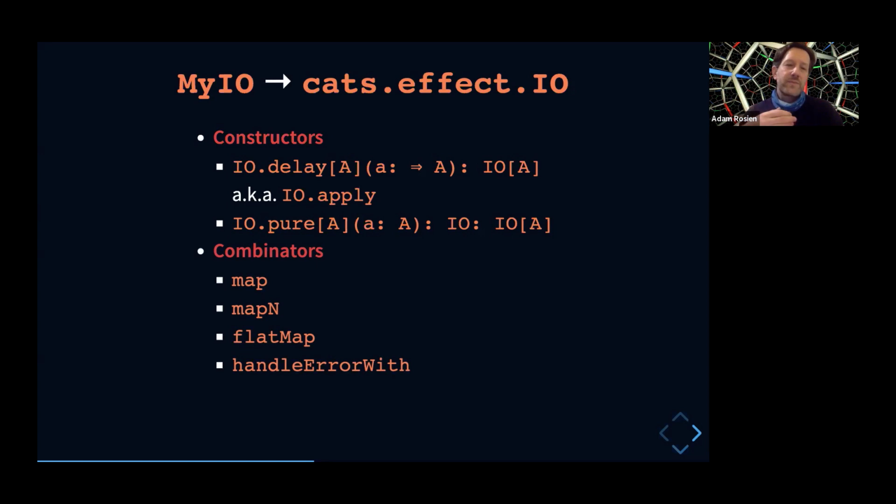You can map, this would be IO of A, give you an A to B, to an IO of B. MapN is the applicative map. That would take multiple IOs and allow you to combine their results into a single IO. FlatMap, or typically you would use it in a for comprehension, allows you to sequence IO effects.